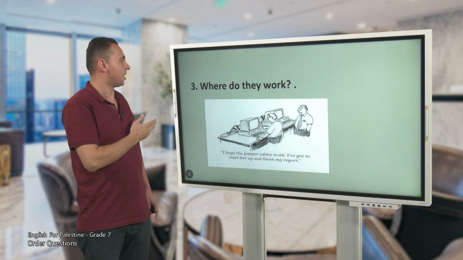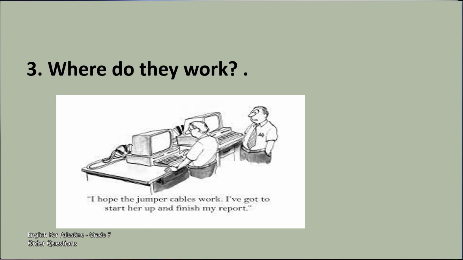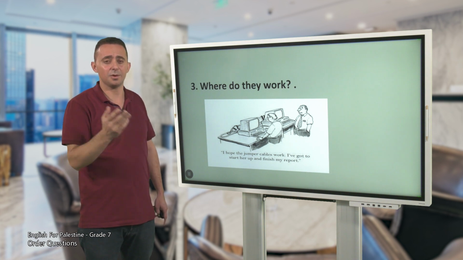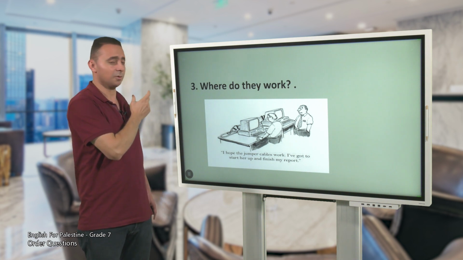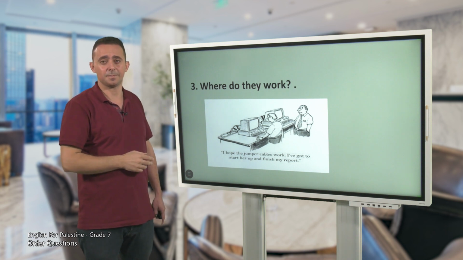Number 3, the speaker asks, "Where do they work?" Notice that the question starts with where. Is it a yes-no or a WH question? Very good, it's a WH word. Where is used to ask about a place.